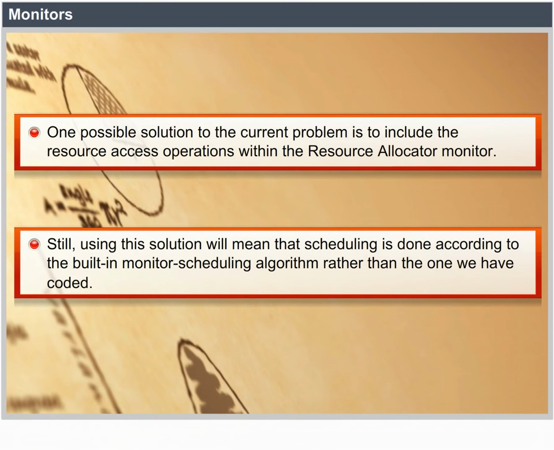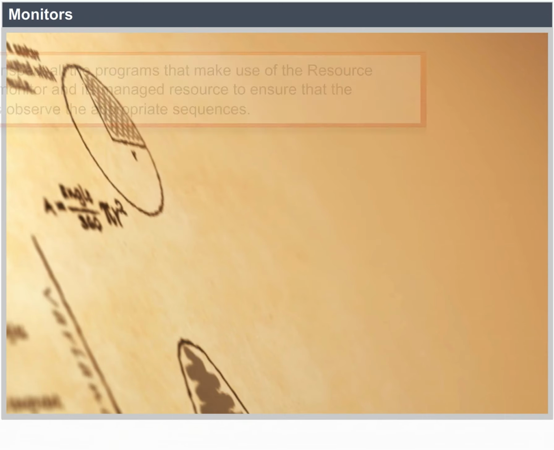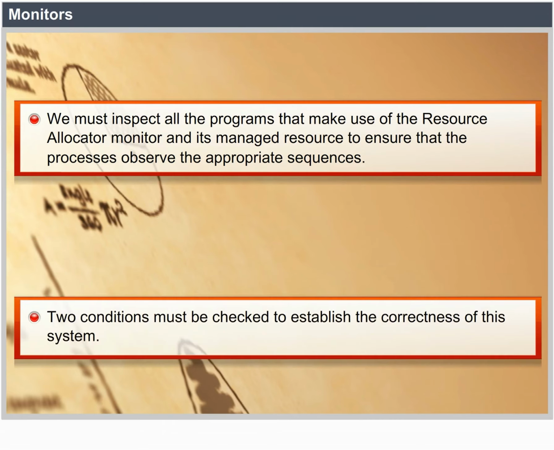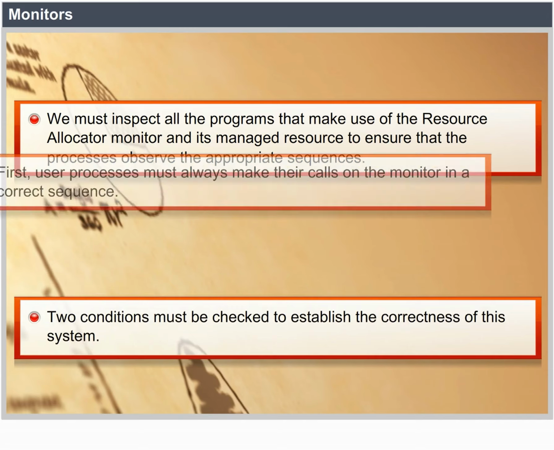To ensure that the processes observe the appropriate sequences, we must inspect all the programs that make use of the ResourceAllocator monitor and its managed resource. We must check two conditions to establish the correctness of the system. First, user processes must always make their calls on the monitor in a correct sequence.